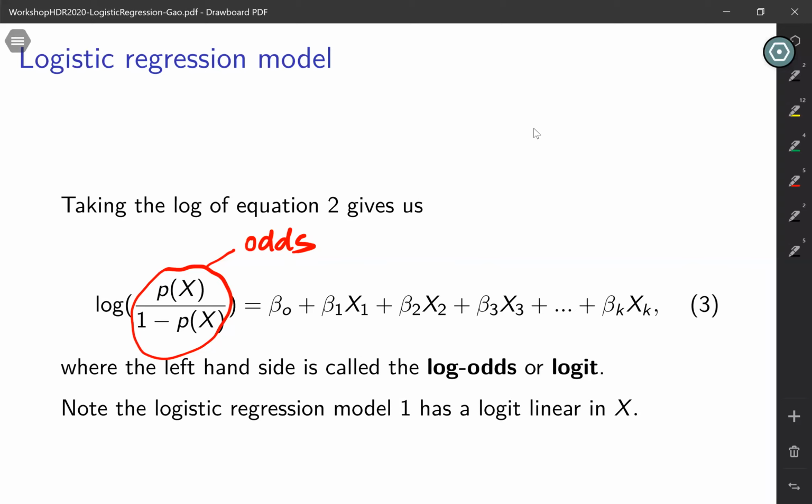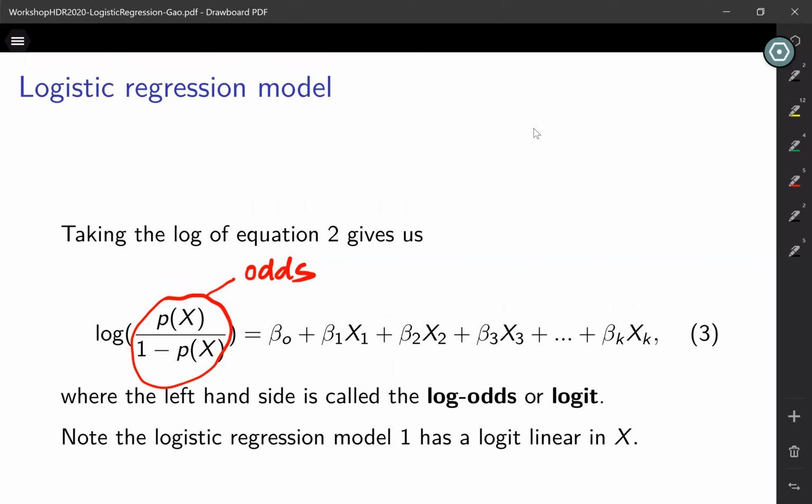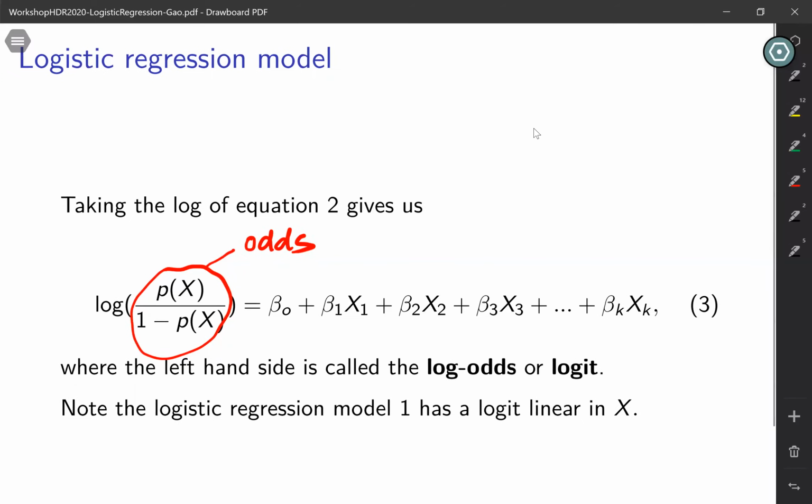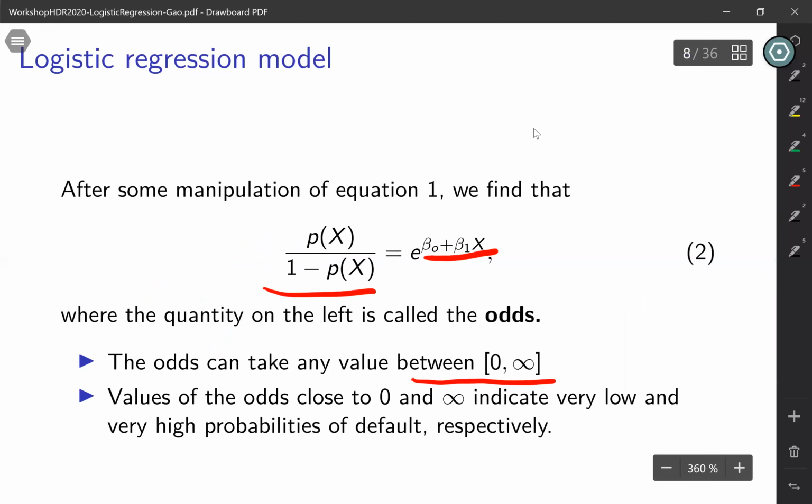So you take the logarithm of the odds, then the right side turns to, so recall the last equation, right? If we go back, you see in the last equation, the right side is the exponential of the linear combination, right? So now if you take the logarithm, the exponentiation function is gone, right?